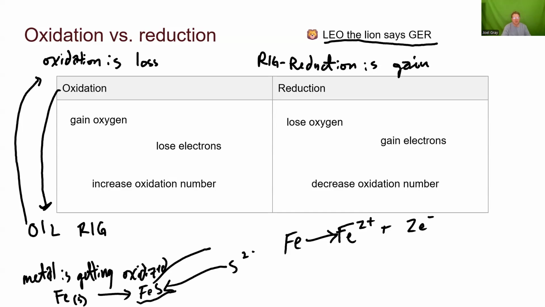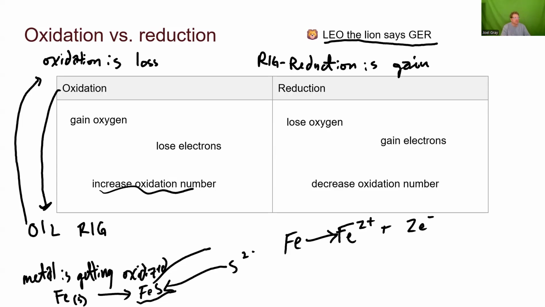So when something gets oxidized or undergoes oxidation, well, then one thing that might be happening is it's gaining oxygen. Another thing is it will lose electrons. So when something gains oxygen, it has to lose electrons in order to make room for that oxygen. In addition to that, its oxidation number will increase. So think about this as how negative it is. The magnitude of that will increase.